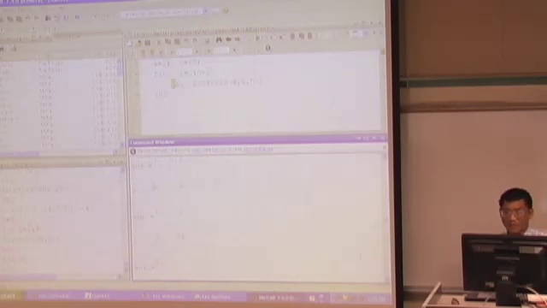Power 1, power 2, power 3, power 4, 5, 6, 7, 8. We cannot achieve 1 until what power? 66 power, right? If we achieve it earlier than 66 power, then it cannot be a primitive root.